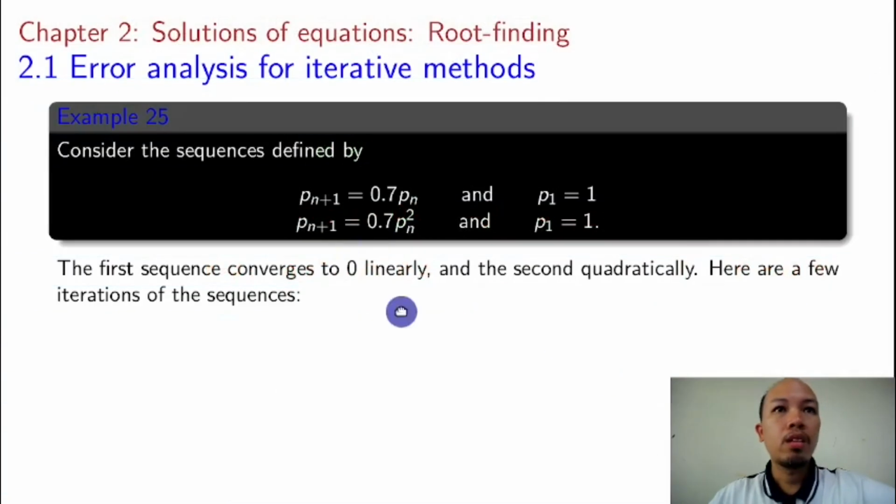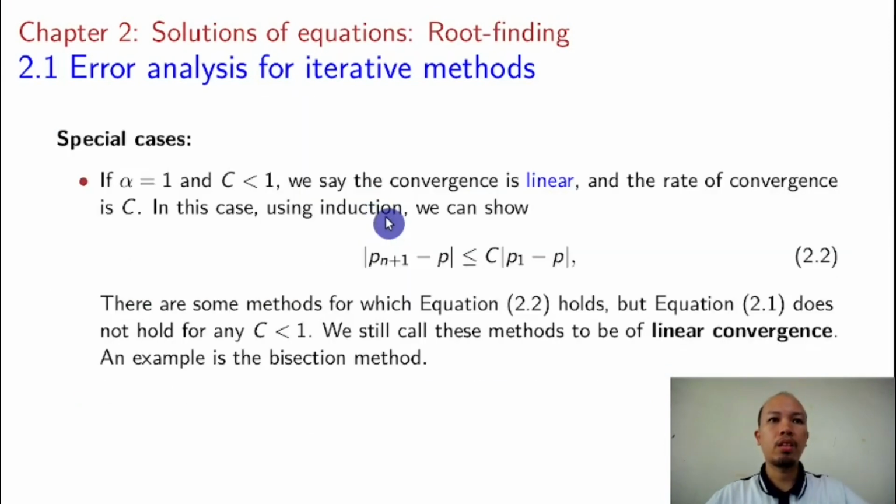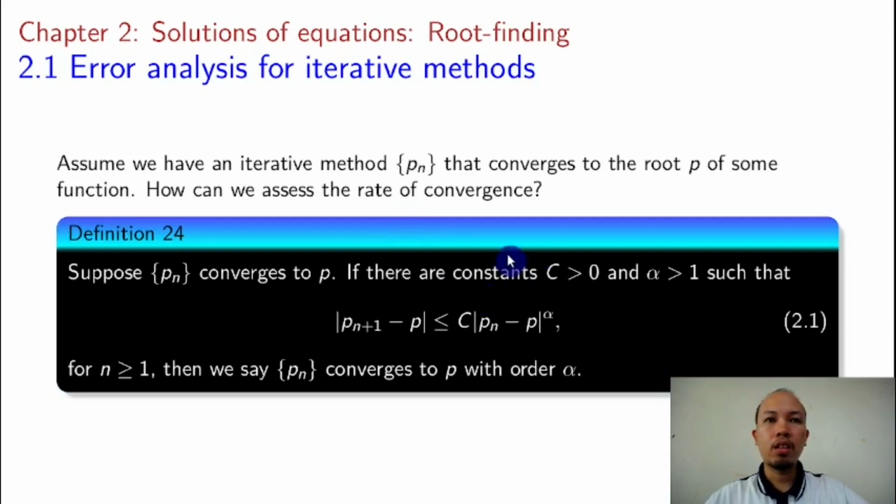The definition does not say that our c must be fixed. As long as you can find a c such that this inequality will hold, then it will satisfy the definition.